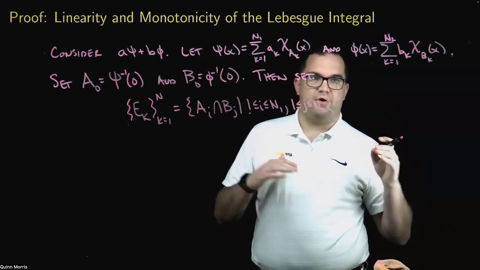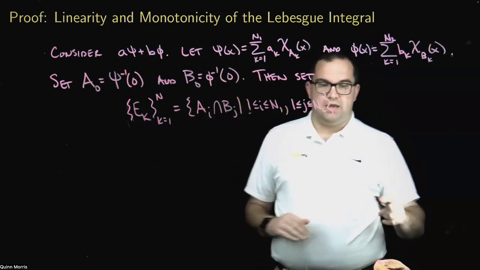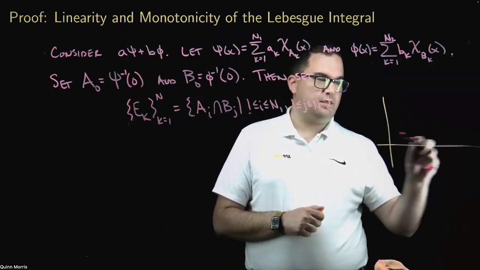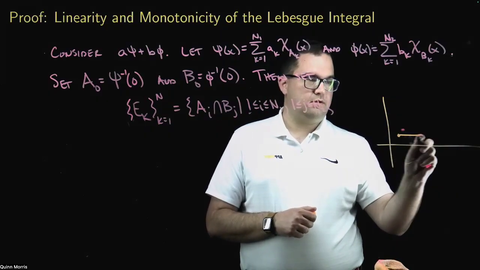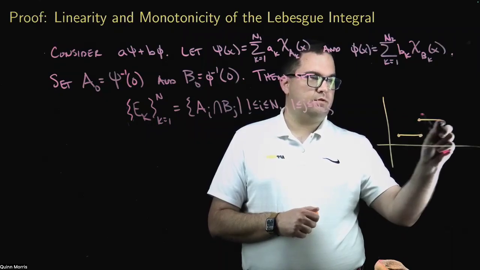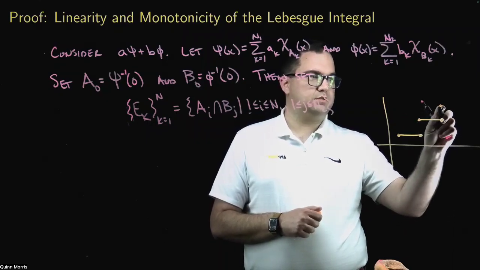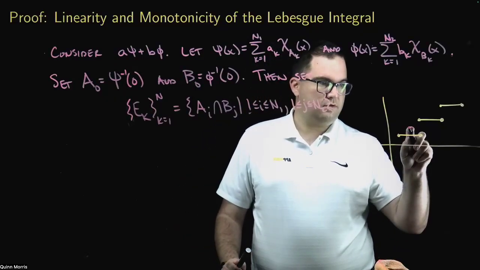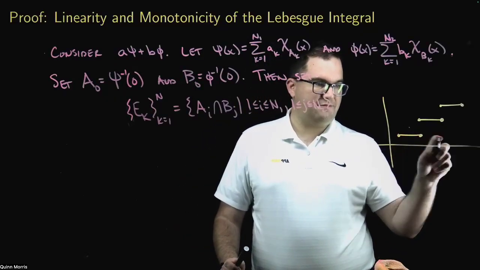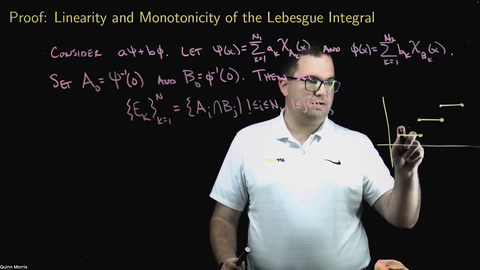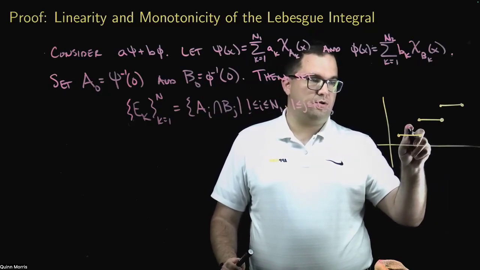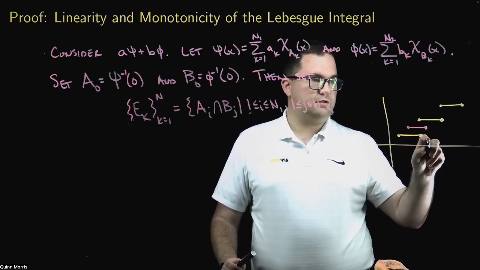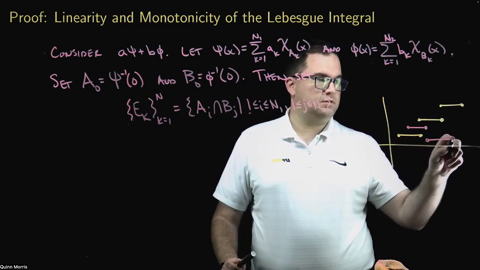You have these simple functions, psi and phi, and you can imagine if I were to graph them over here, maybe psi looks like this, but maybe phi, they have a common domain here, but actually they don't even need to have a common domain. I should be careful here. It could look something like this.